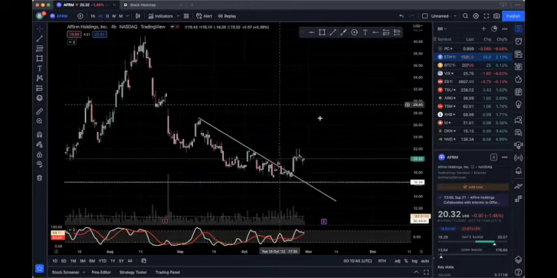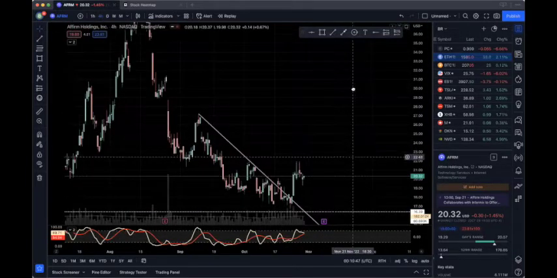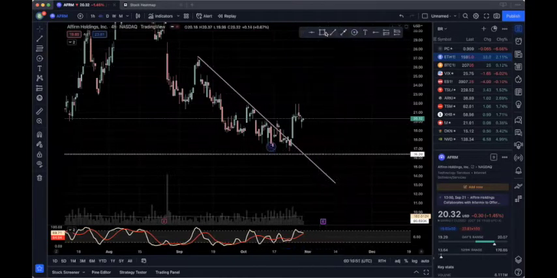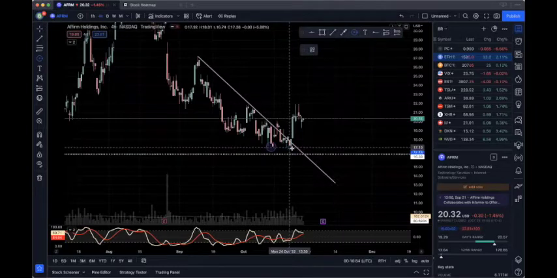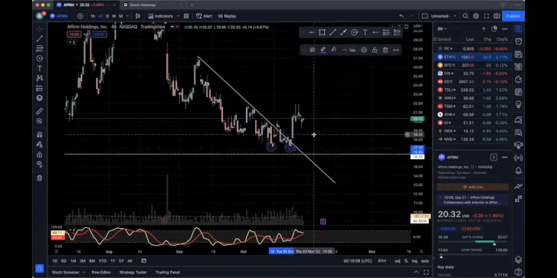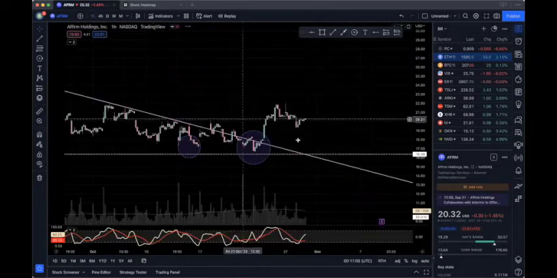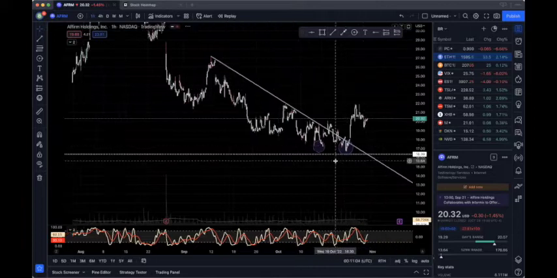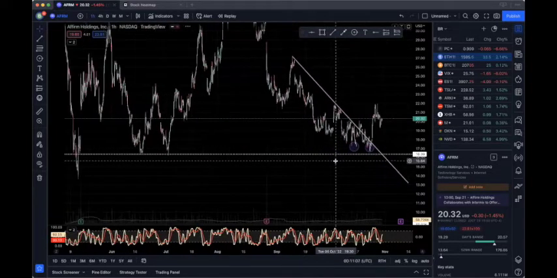We go to the 4-hour. You can see we have a double bottom right here and right here. So double bottom on the 4-hour. We go to the 1-hour. Did I really have a reason on the 1-hour to take this?